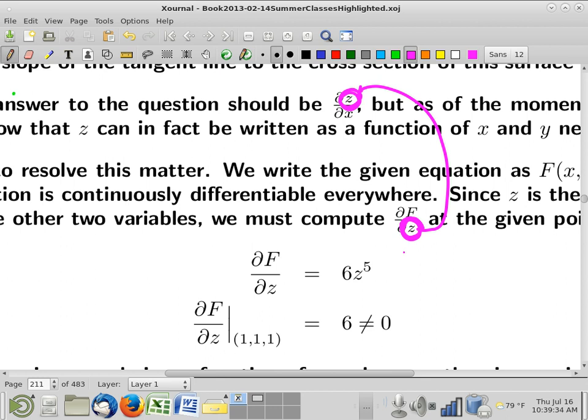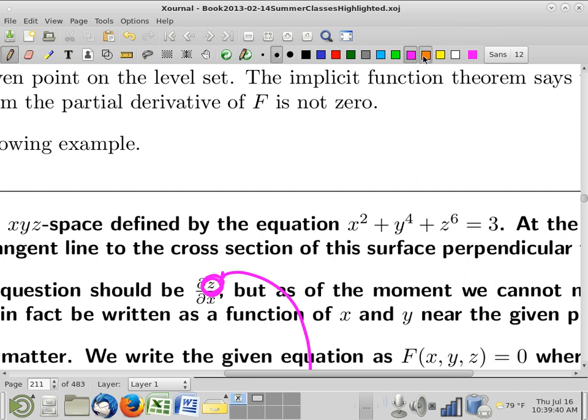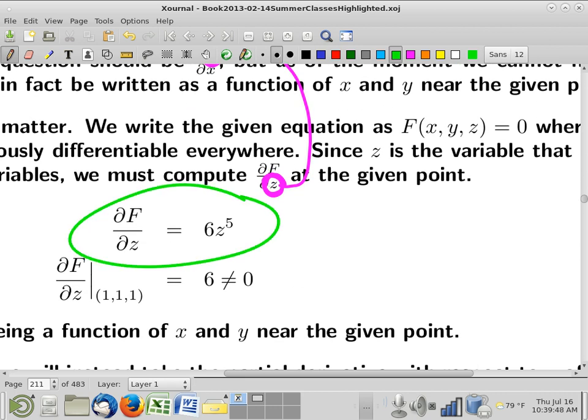So fine. Here's our function. That's the function whose level set we're looking at. There's its partial with respect to z.